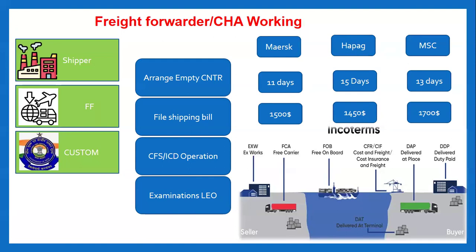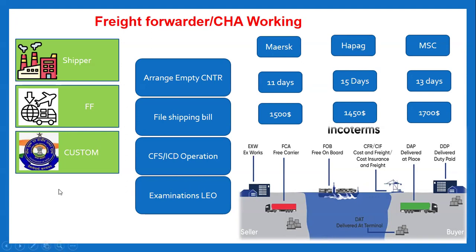The next step is that the container is unloaded, and as per the shipping bill filed by the freight forwarder, the examination process will be done by the customs officer. The customs officer may open the containers, and sometimes a physical examination is done. When the container is opened and a physical exam is done, on the shipping bill the examination is marked yes. If the container is not opened and no physical exam is done, then the shipping bill mentions examination no.